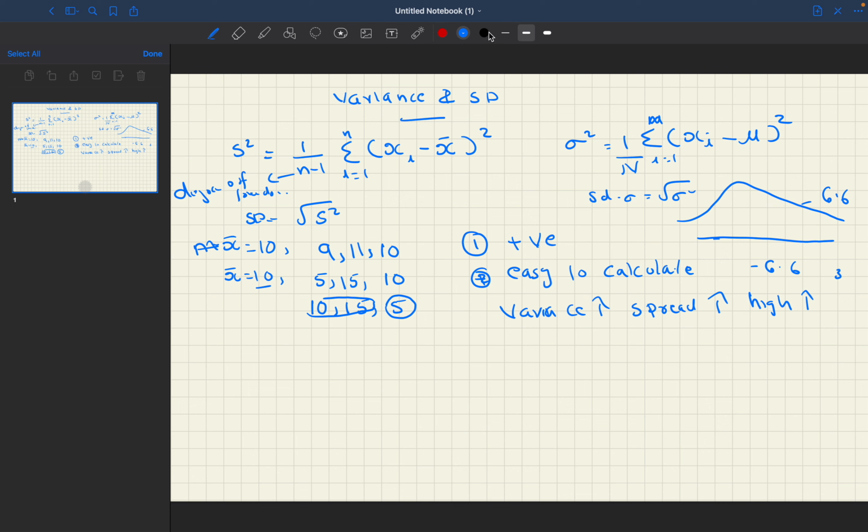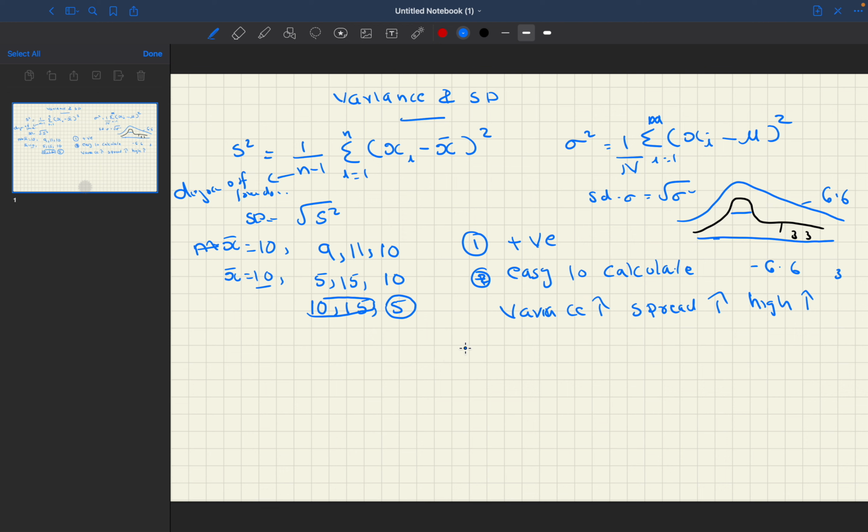Maybe let me select another color to draw. So if the variance is 3.3, it is a little bit closer than the 6.6. So here the spread is very less, and here the spread is very high.